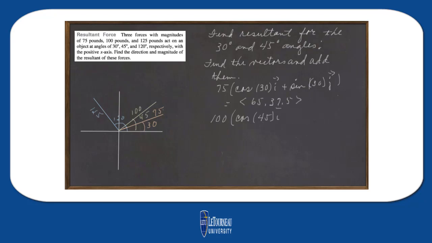So we do the magnitude times the cosine of 30 in the i plus the sine of 30 in the j, and similarly for the 45 degrees. And we get 70.7 and 65 comma 37 point that. We add those two together, and so this is the resultant for the 30 and 45.